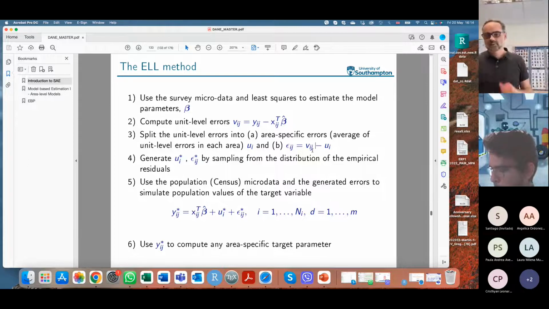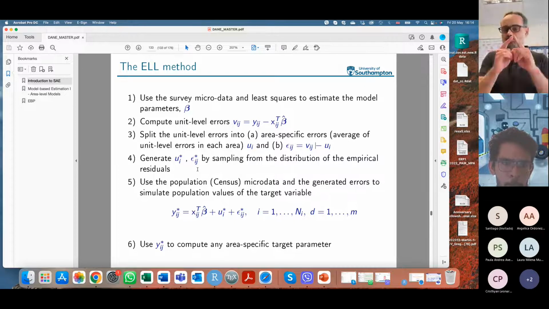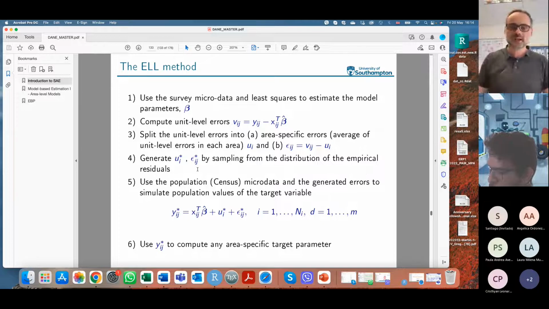Then what you do is you create versions of Ui and Eij by sampling from the empirical distribution of the residuals, not from some normal distribution, but you say, I have a set of Ui's, I have a set of epsilon ij's, and I'm going to sample one Ui and I'm going to sample one Eij.